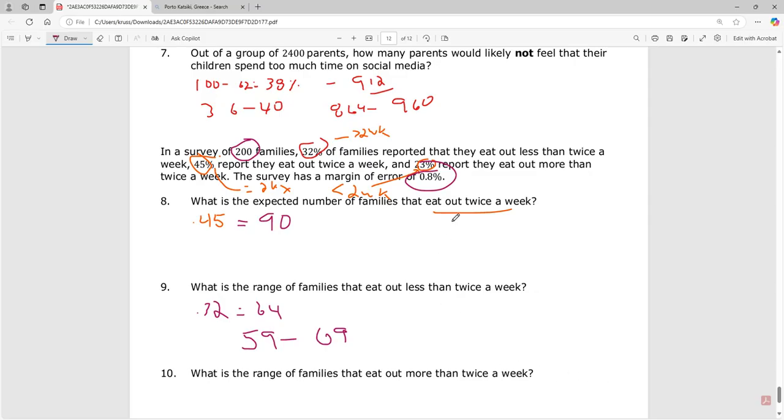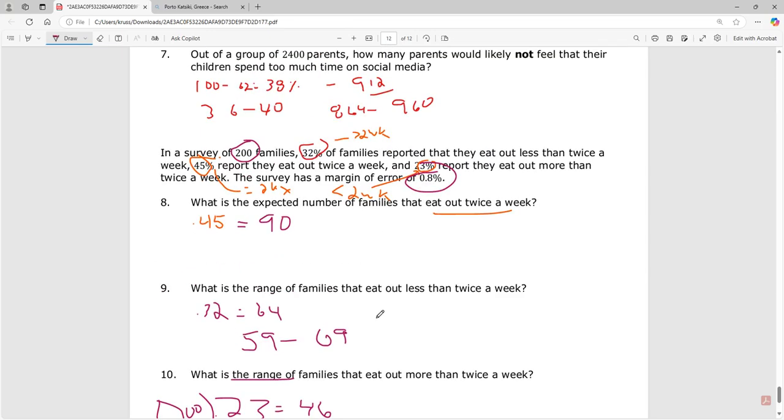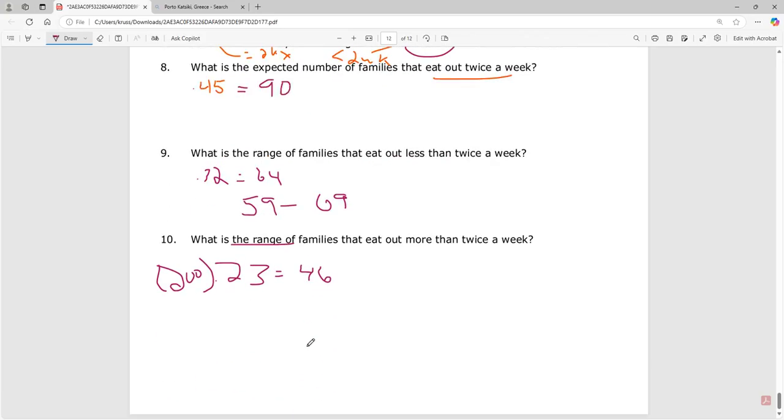And then how about the ones that eat out more? That says 23%. Well, 23% is 0.23 times 200, which is 46. I'll put the 200 there so that people won't say I'm not doing the math. But that's not the range, that's the exact value of 23%. So if I want to figure out 8% less than that, it would be 92% of 46, which is 42-ish.